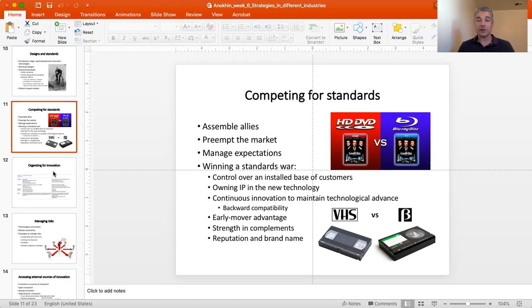And as you do that, there's always this desire, once you have control over this huge group of customers, to move to technology that is not backward compatible. Like if you sell on processors like Intel and you switch from 32-bit processors to 64-bit processors, you would also encourage them to update all of the software.